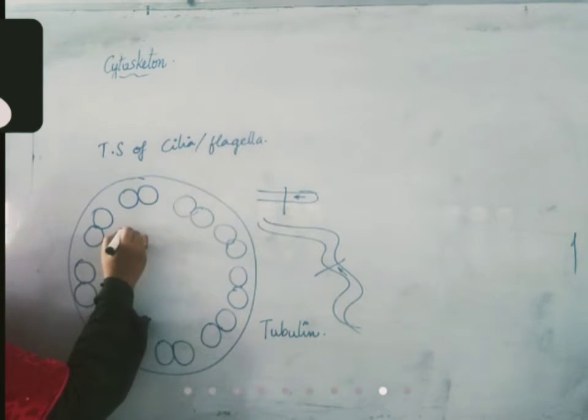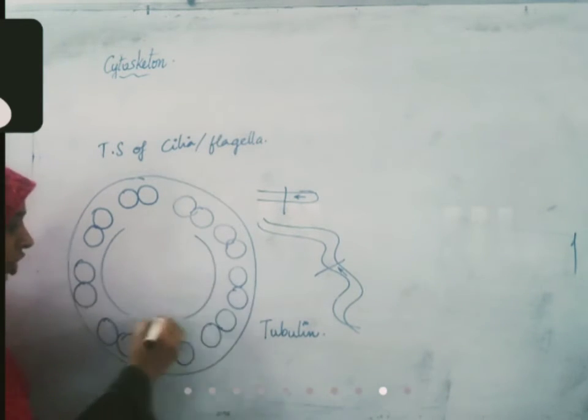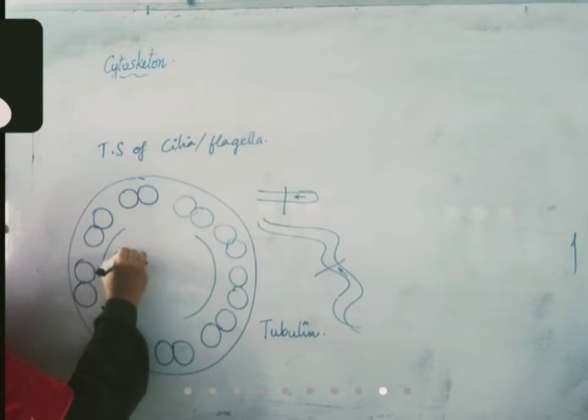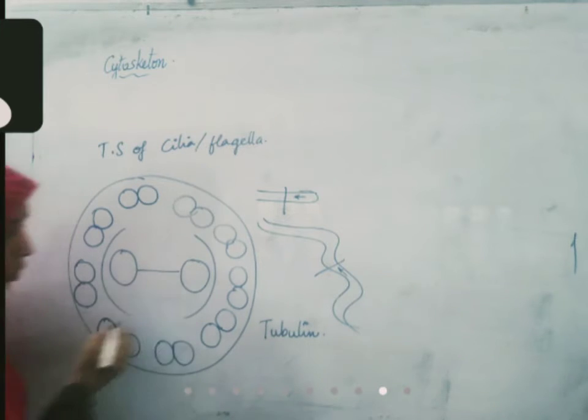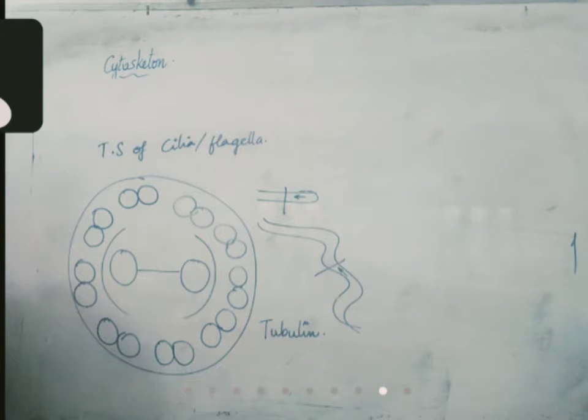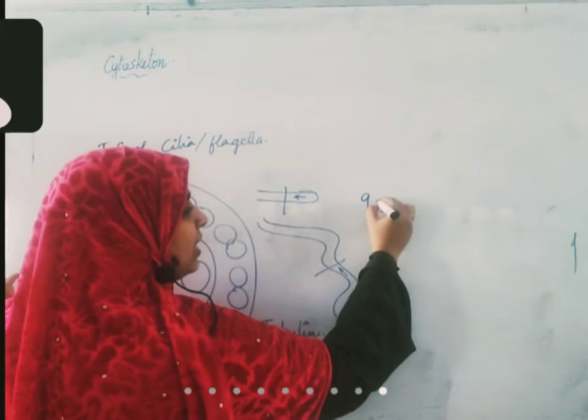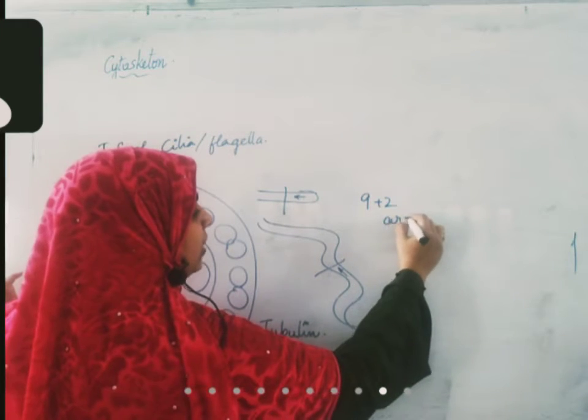In the center, there is a central sheath, and here there is a microtubule, and here there is a microtubule. Both are connected together like this. This arrangement of microtubules inside the cilia or flagella is called the 9 plus 2 array.